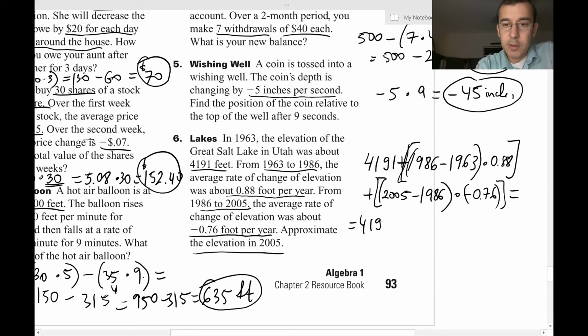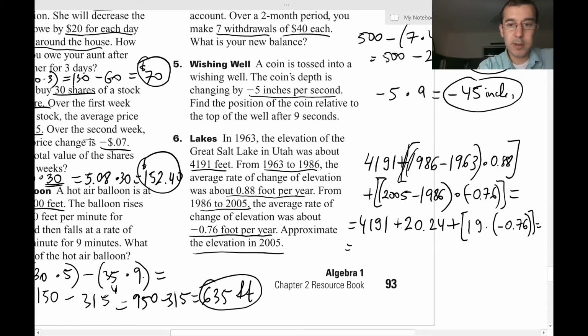So 4191 plus, now 1986 minus 1963, that's 23. So we get 23 times 0.88, this is 20.24, and then plus 2005 minus 1986, that's 19. So we have here 19 times negative 0.76. Okay, so let's do 4191 plus 20.24.